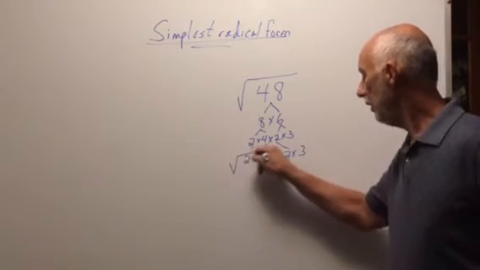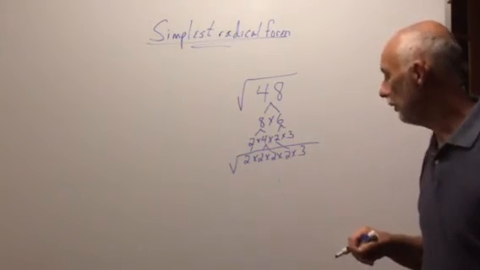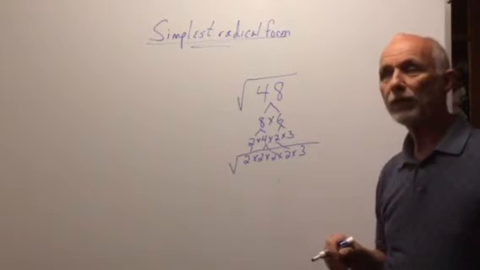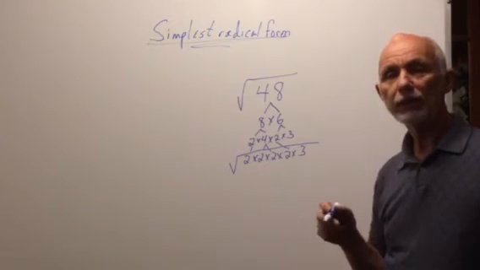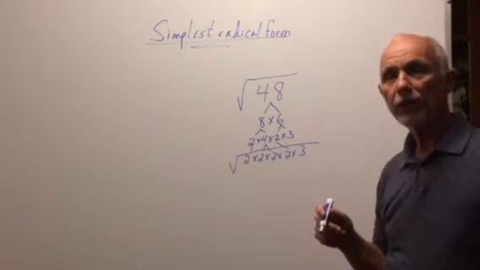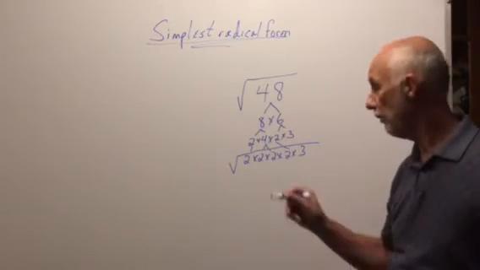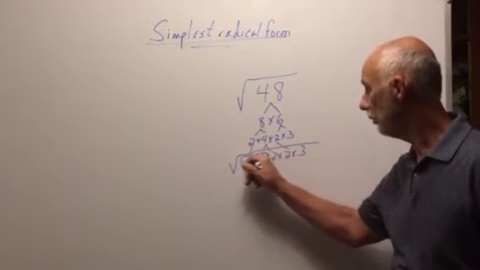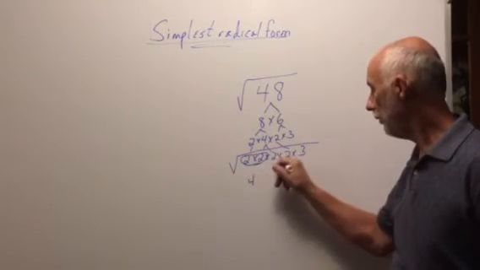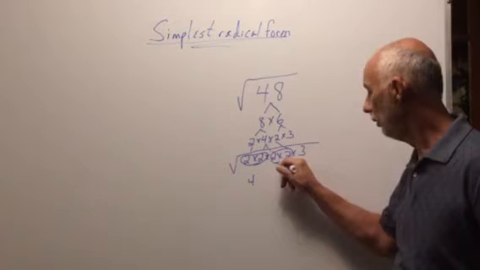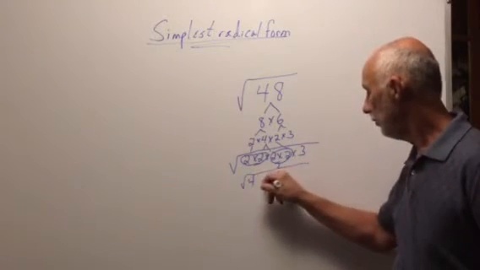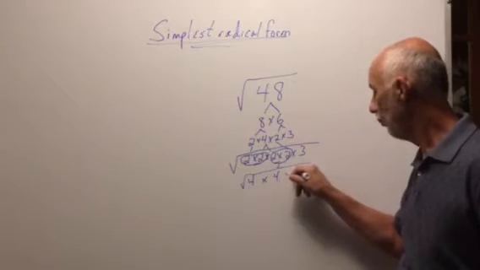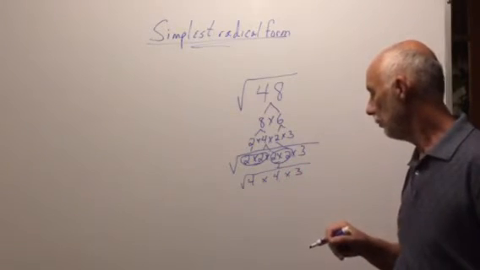Now again, once you got the factor tree, you want the square root of that. However, isn't a perfect square a number times itself? So every time you have a number times itself, you could actually take it out from under the radical, because you see 2 times 2 is 4, and 2 times 2 is 4. So you actually have the square root of 4 times the square root of 4 times the square root of 3.